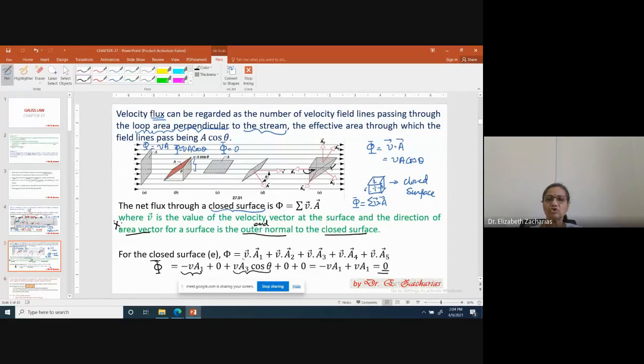Whereas in this case, it is going to be plus, but then my area vector and my velocity vector are making an angle theta. We can show that one is negative and the other is positive, and that they are going to be equal and opposite, and the sum is 0. Instead of doing it mathematically, I just use the number of field lines entering and going out, and thereby tell that if 5 lines are entering the volume, 5 lines are also coming out. Therefore, in one case the flux is negative, in the other case it is positive, and they are equal and opposite, therefore 0.